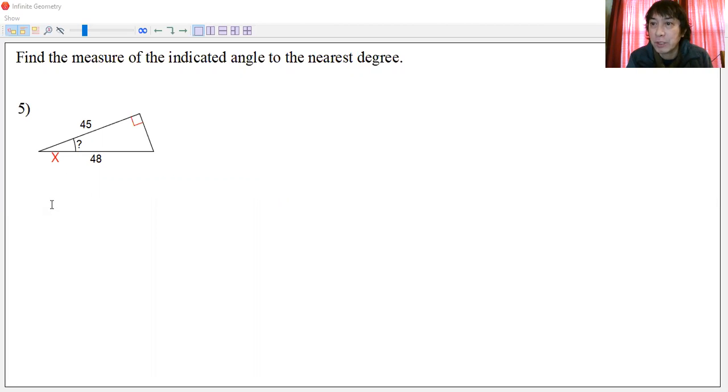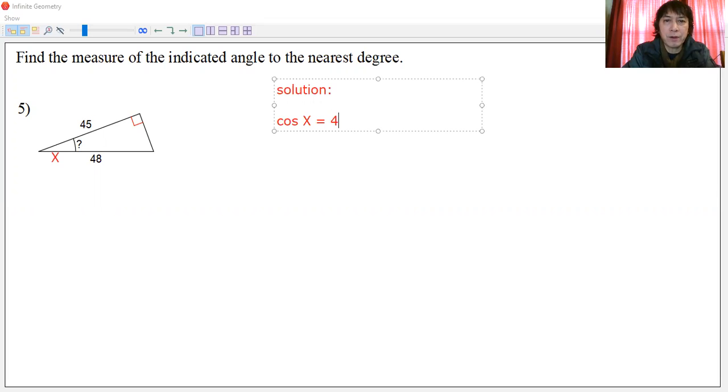That suggests a cosine function. So our solution depends on what we have. We have the adjacent side 45, adjacent to the angle X, and hypotenuse 48. So we can use the cosine function here. So in our solution, we will use the cosine, and this will be a cosine X.